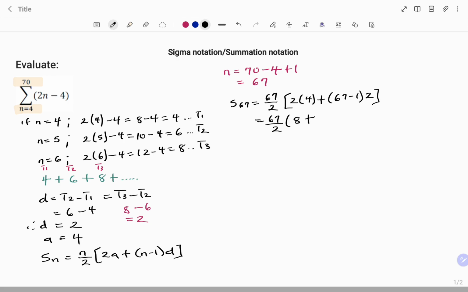We have 67 minus 1, that's 66. So I have that as 66 multiplying 2, close bracket. That will be 66 times 2, that's 132 plus 8, that's 140. Therefore, our S67 is equal to 140 divided by 2, 70. 70 times 67, we have 4,690. Let's look at one more example.